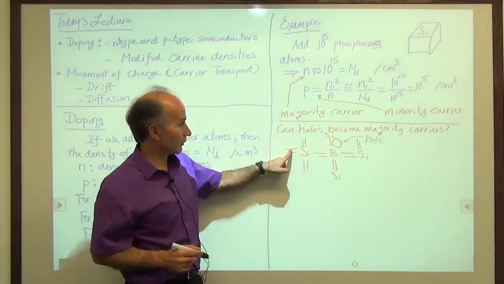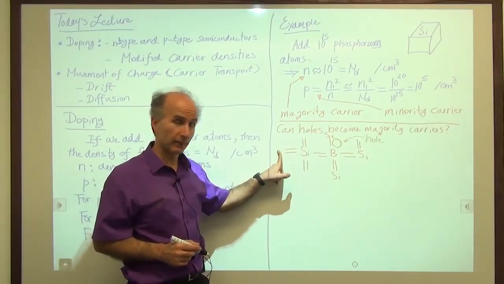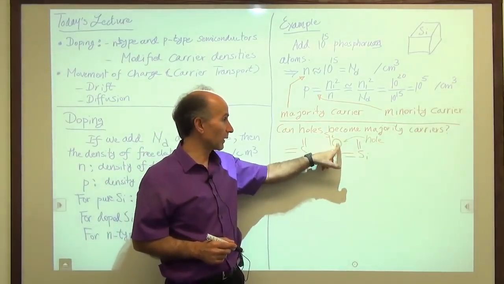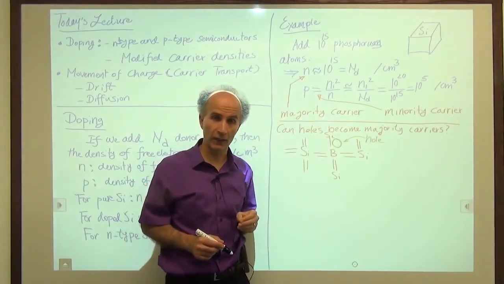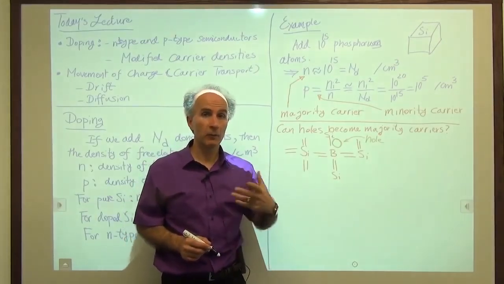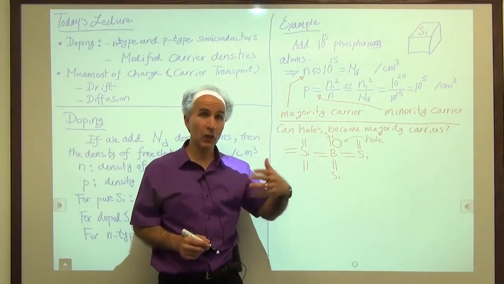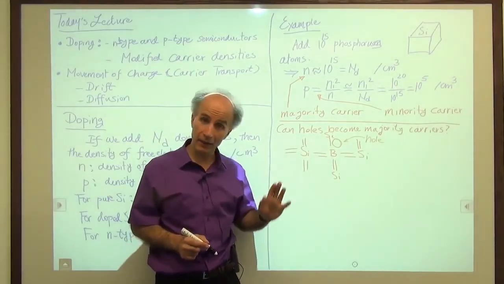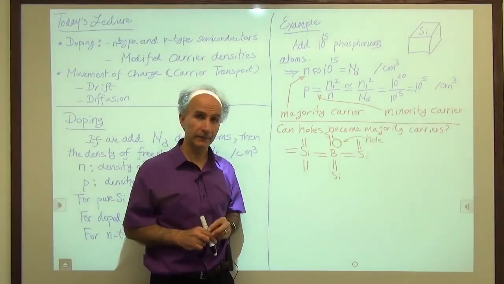You could knock off an electron here from one silicon atom bonded to another silicon atom. But in this case, this hole is created simply because boron doesn't have an electron to share. So if we add a certain number of boron atoms to silicon, we create that many holes in silicon, in addition to the intrinsic holes that pure silicon had.